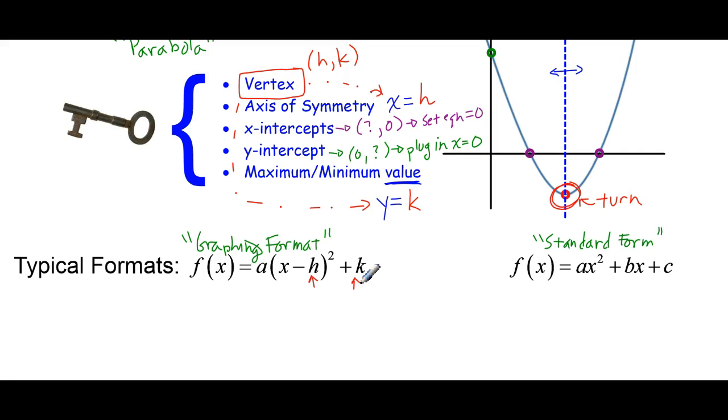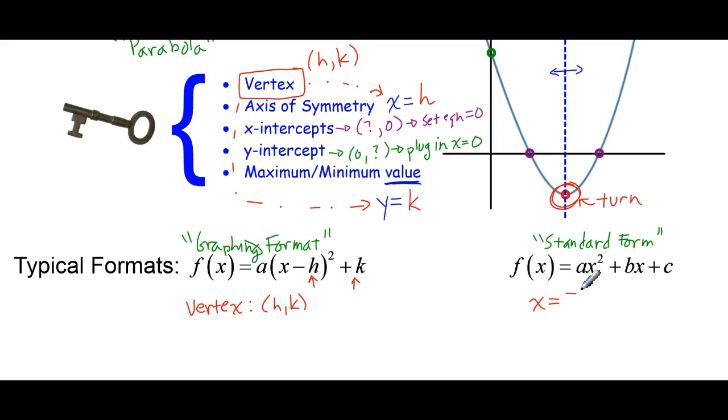The vertex is at (h, k). Which means you don't have to do any work at all to figure out what the vertex is when it's in graphing format.